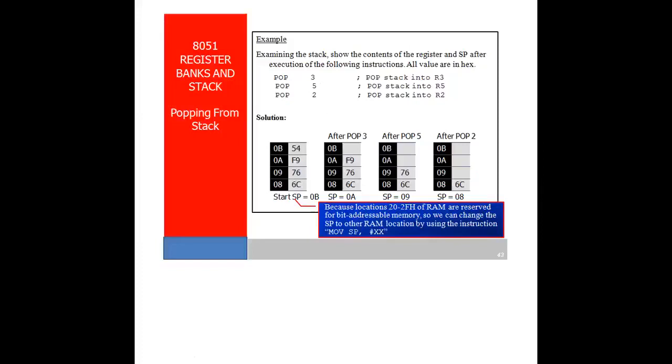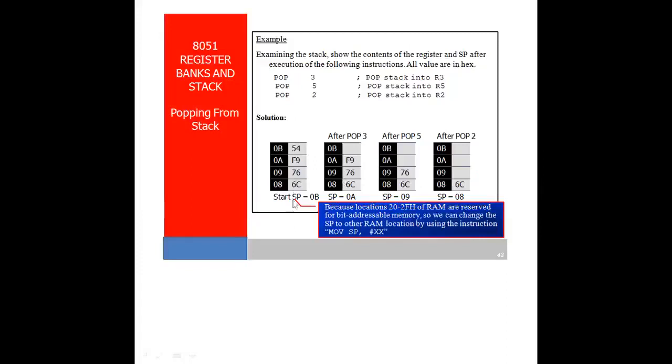I can use the direct address to locate that this is register R3. So I write here pop 3, pop 5 and pop 2. Pop 3 means the value that is stored inside the stack will be loaded in the register R3. Okay.